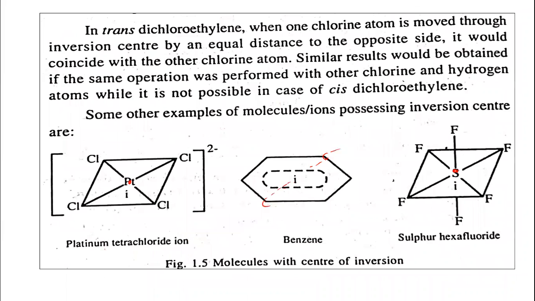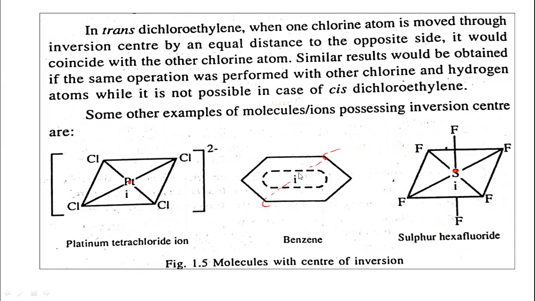Take another example of the center of symmetry: platinum tetrachloride. This ion has the center of symmetry. If you move along this opposite axis, the same chlorine atoms lie diagonally. It means that the platinum tetrachloride ion also has the center of symmetry.